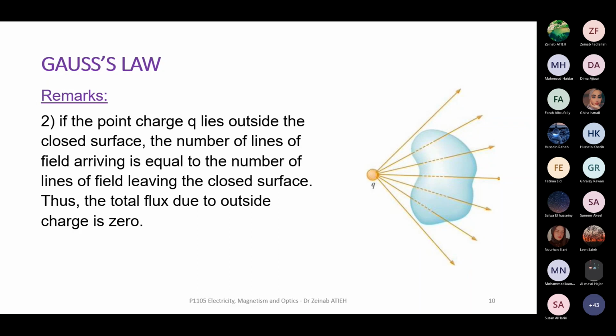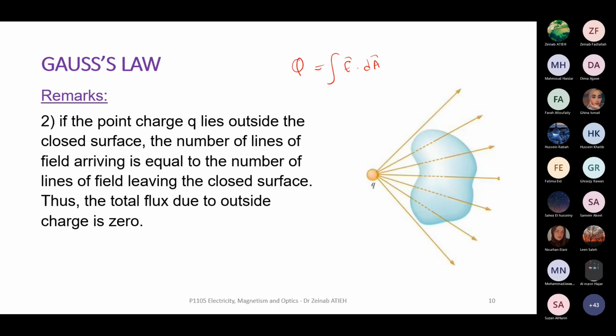Now, second remark. What if the charge is outside? What happens if the charge is outside? You know that the flux phi equals integral E·dA. This is the number of lines of field crossing an area.